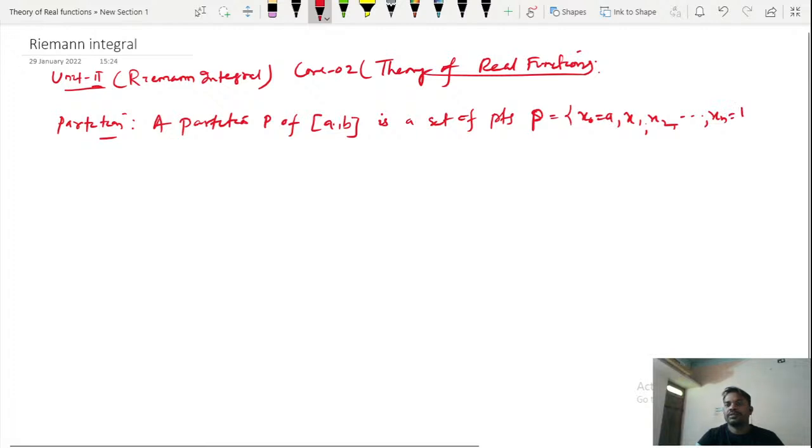Your last point is xn, which is equal to the endpoint b.